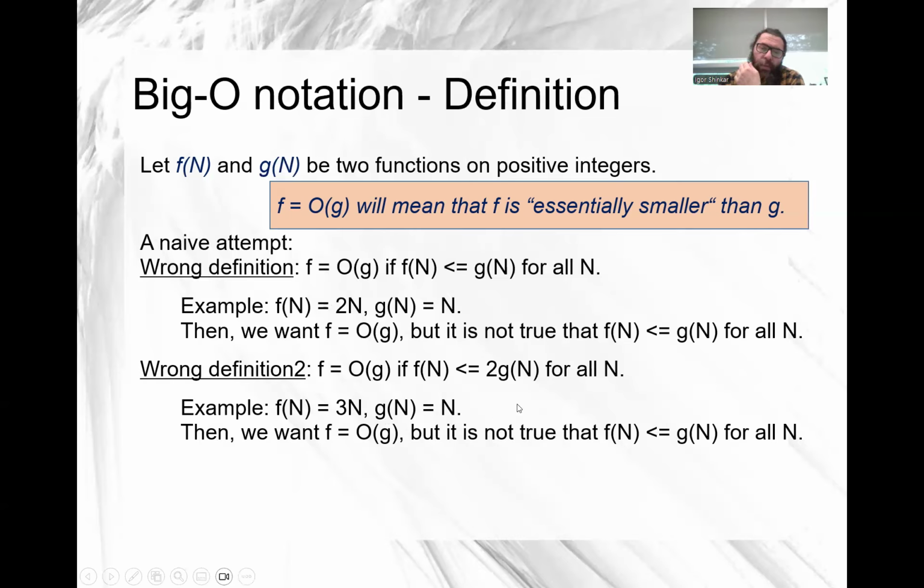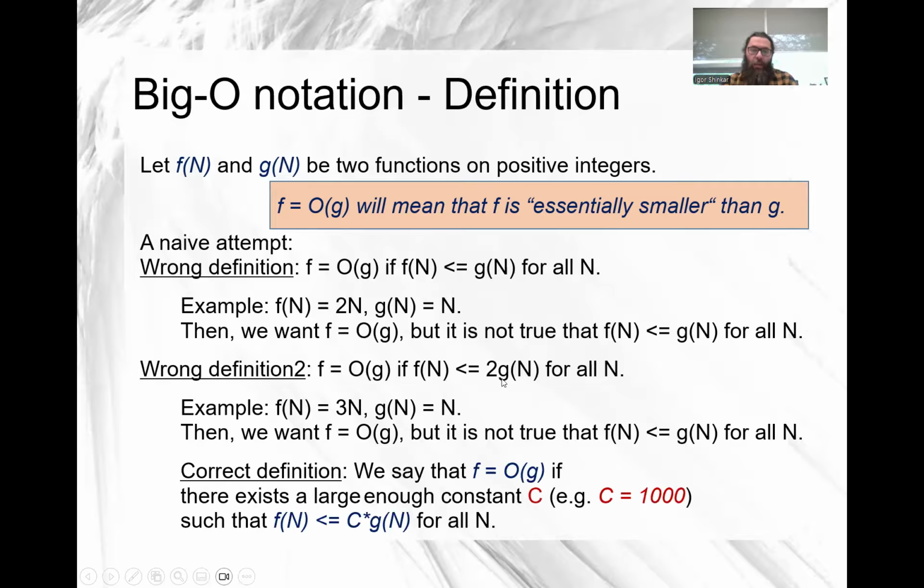So given these two wrong definitions, we don't want a specific constant, like f is less than 2 times g, but instead we want to say there exists a constant. So here is the correct definition.